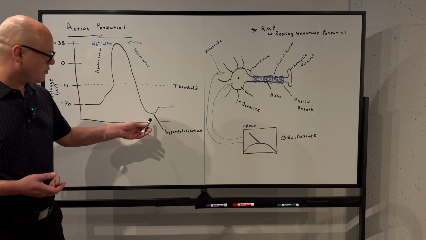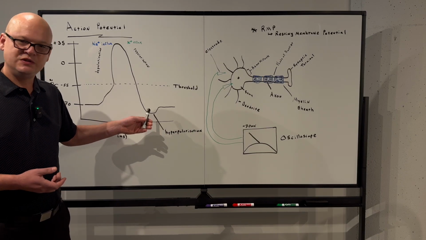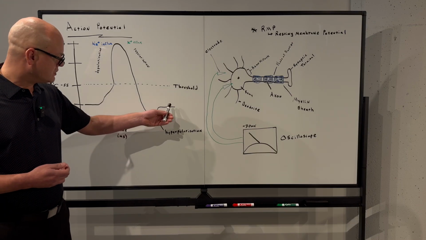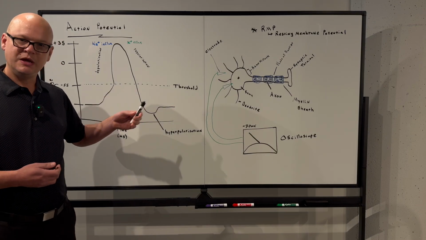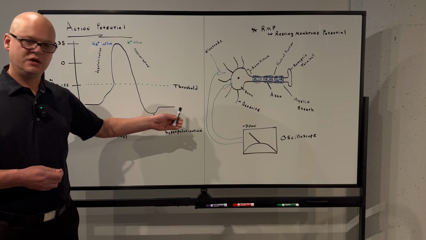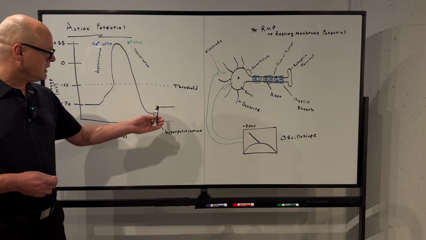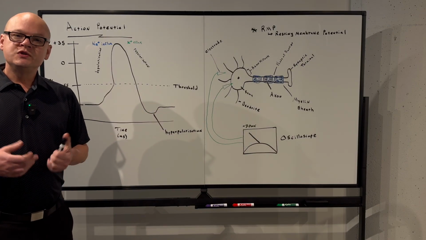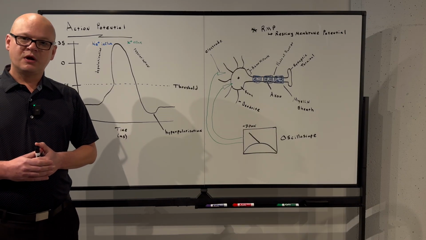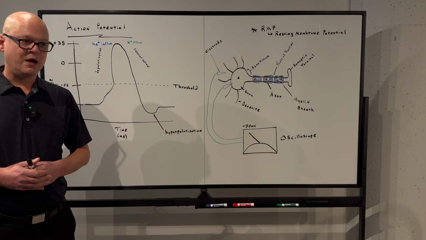And so a bit more potassium will leak out of the cell as those voltage-gated potassium channels are closing. But eventually, due to activity in the glial cells, for example, the astrocytes, we're going to get the restoration of the resting membrane potential back to -70. So that is the basis for excitability in neurons and how an action potential traverses and how it is elicited.